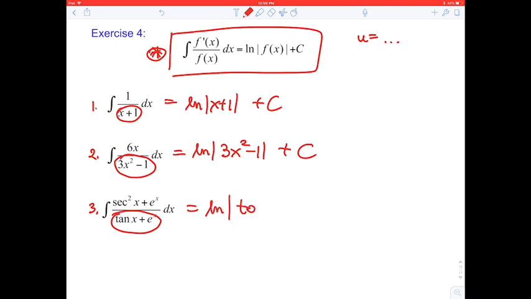Works, ln of the denominator. But please remember, we can say ln of the denominator if and only if we have the derivative of the denominator's function on the top.